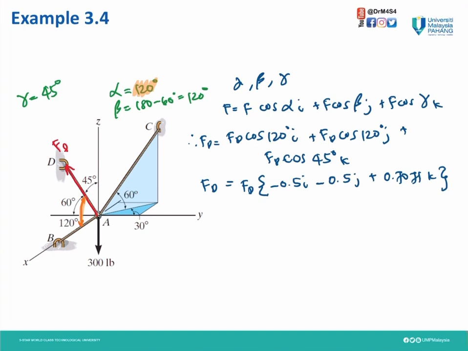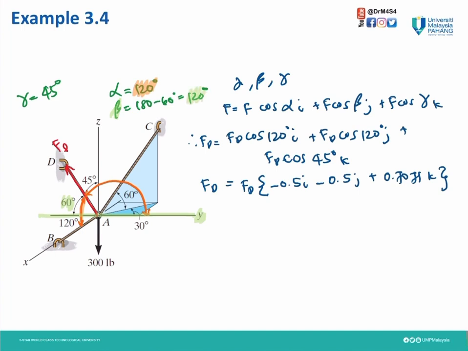Beta is from the positive y-axis, so the angle is from here. So the angle for beta is 180, because a straight line is 180, minus 60, so we get our beta is 120.